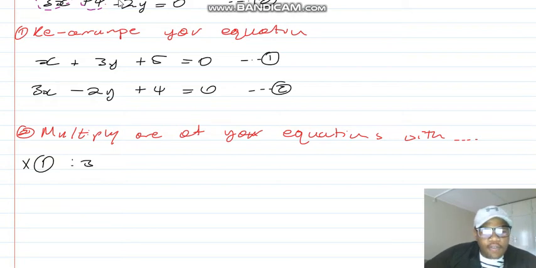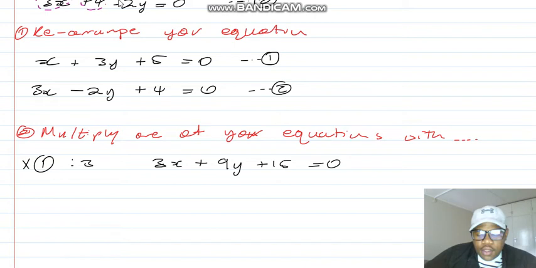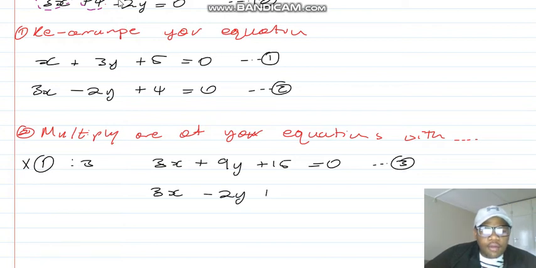So you're going to have 3x plus, if you multiply this, 9y. If you multiply that, it's plus 15, and that's equal to 0, right? Now you call this equation number 3, and here is your old equation, 3x minus 2y plus 4 equal to 0, which is still your equation number 2.